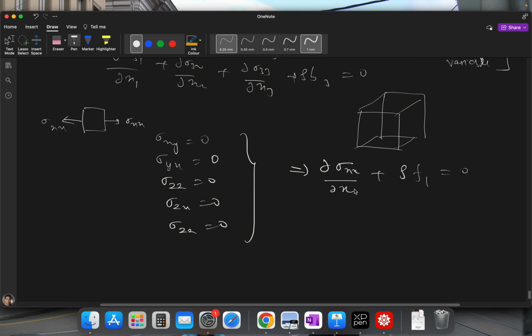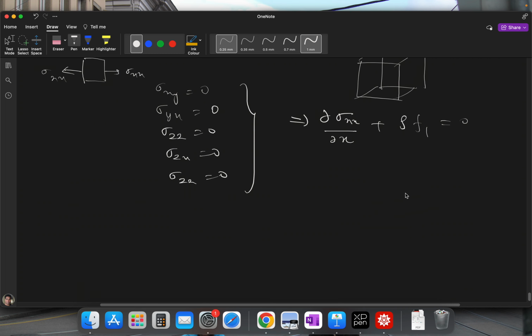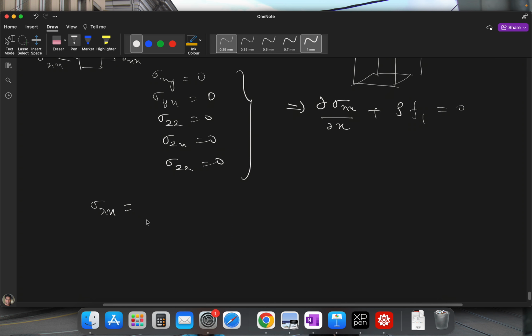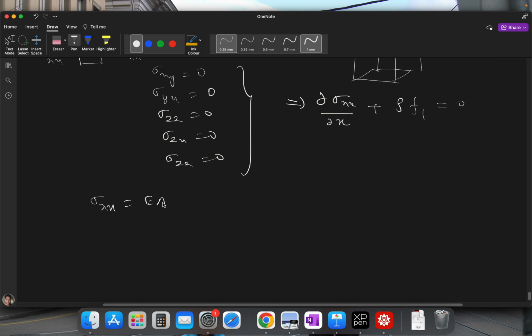Again, what will be sigma xx? From the constitutive equation of linear elasticity, we already know that sigma xx is EA del u by del x. Now substitute this, so you'll get del by del x of EA del u by del x.